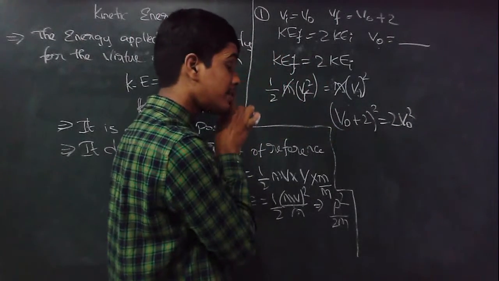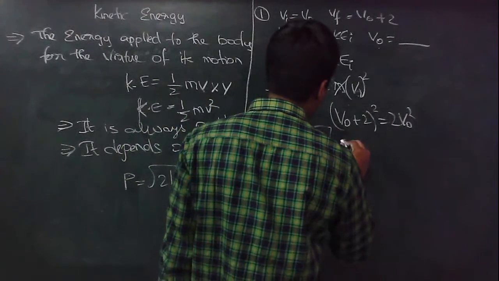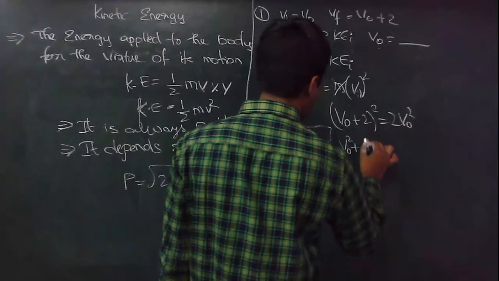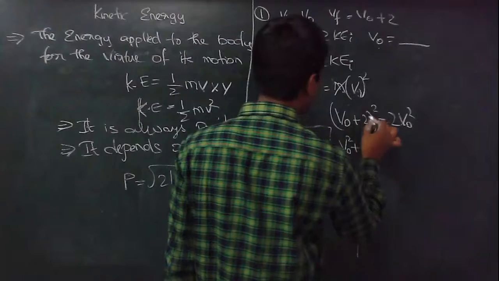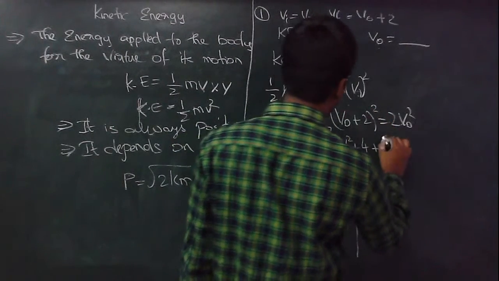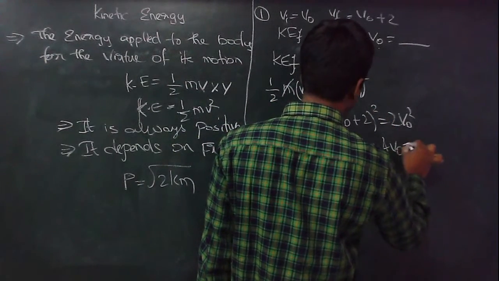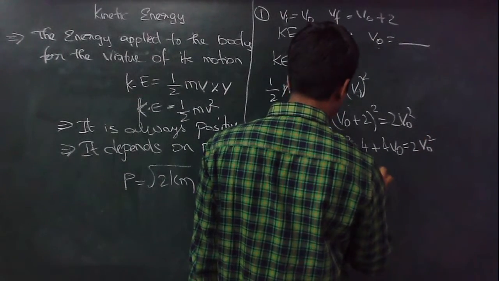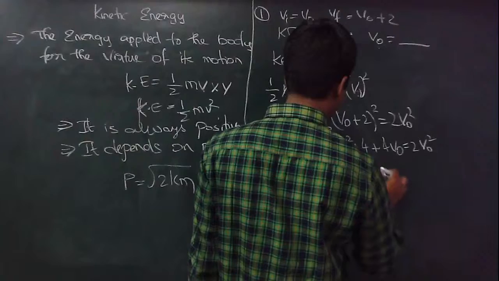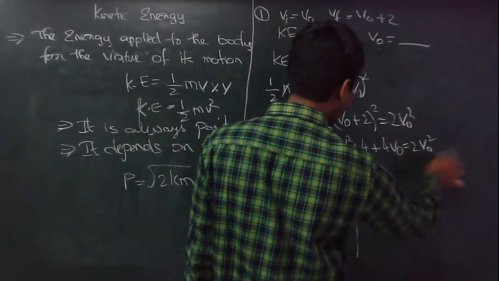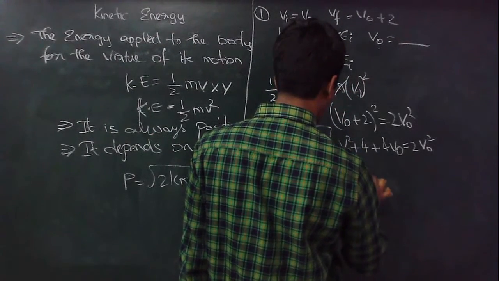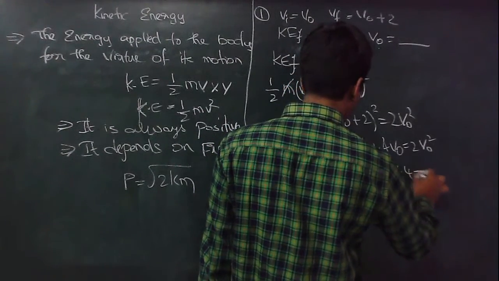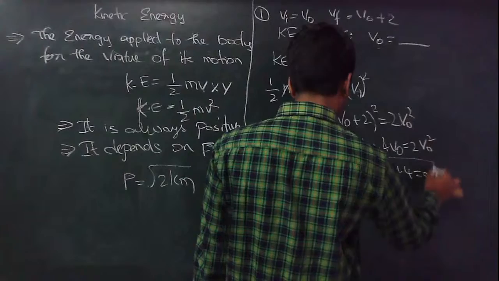By solving this we can get, so we can solve now. V naught square plus 4 plus 2 into 2 is 4 V naught, is equal to 2 V naught square. So you can take this to there: V naught square minus 4 V naught minus 4 is equal to 0.